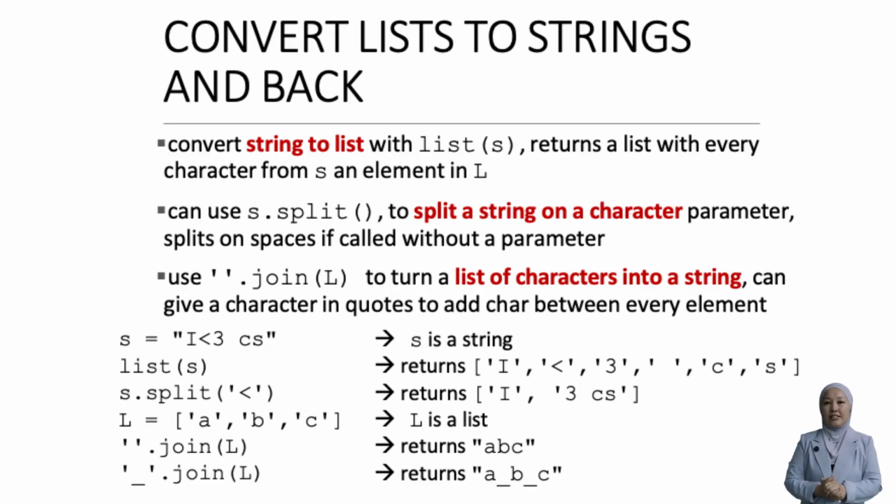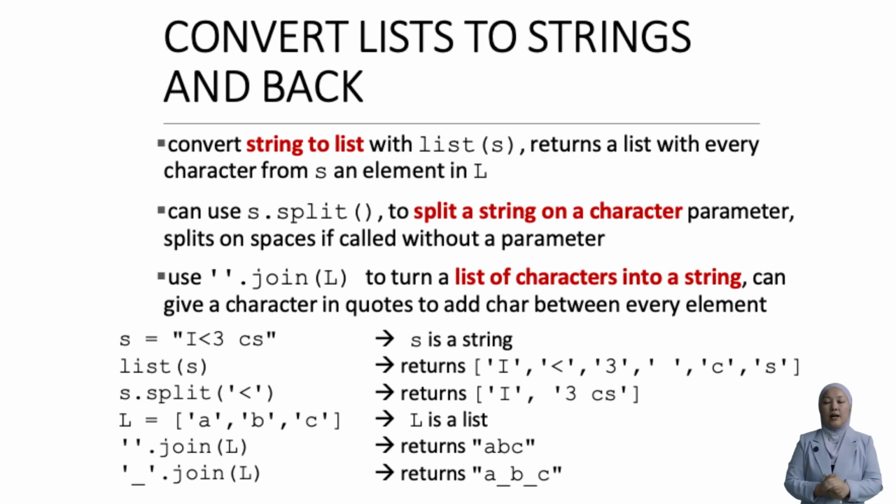Conversion between strings and lists is incredibly useful for text processing. list(s) converts a string s into a list where each character becomes a separate element. For s equals I3CS, list(s) gives the individual characters. s.split() splits a string into a list of words using whitespace as the default separator. s.split with a specific character splits on that character, giving I3CS.